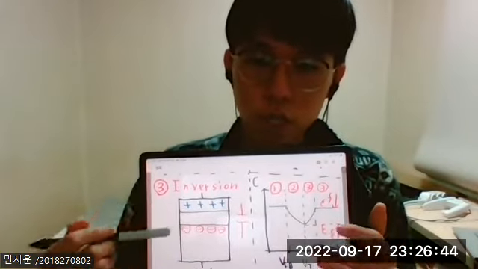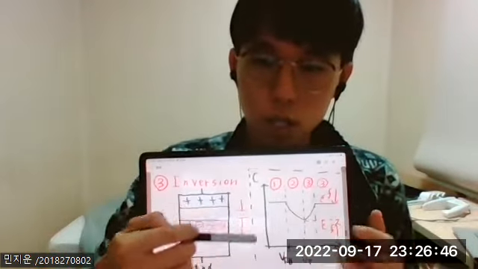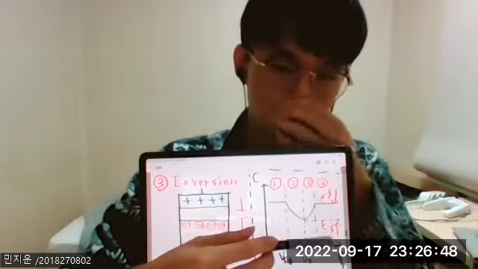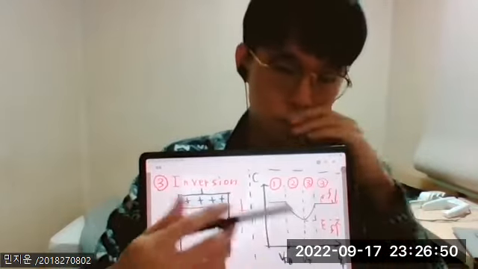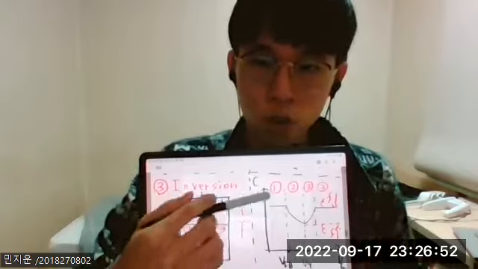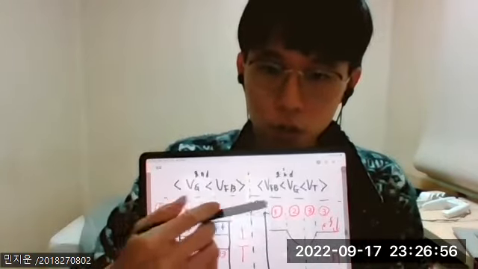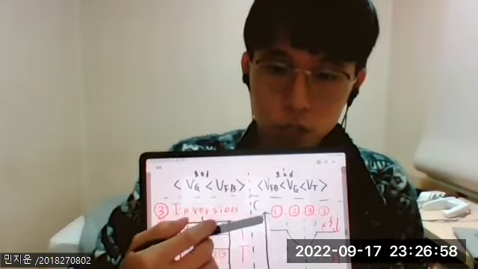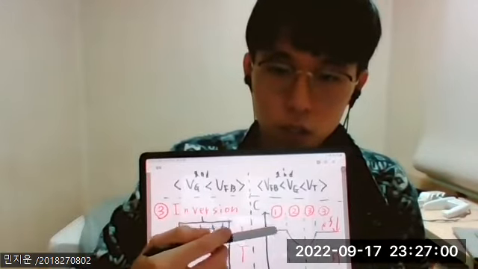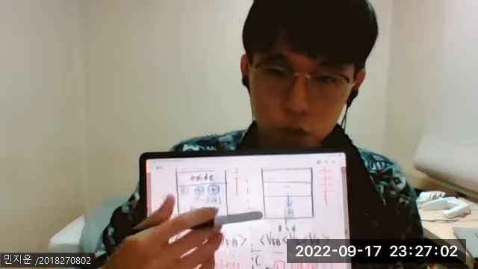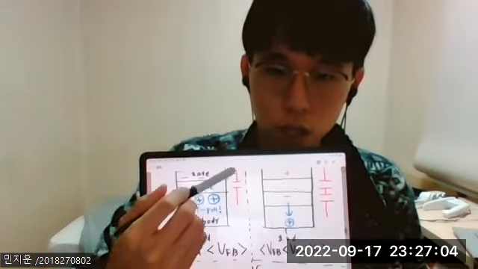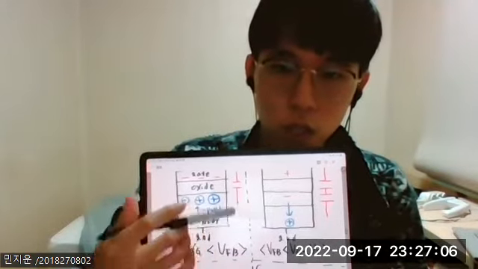So when you see this capacitance and gate voltage graph, at the accumulation state, the C total is equal to C oxide, the capacitance of oxide.